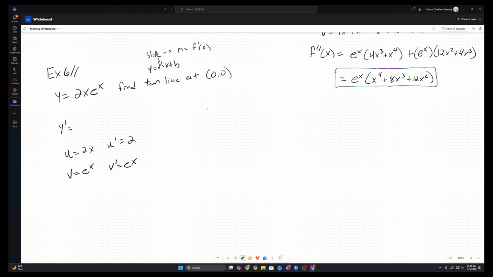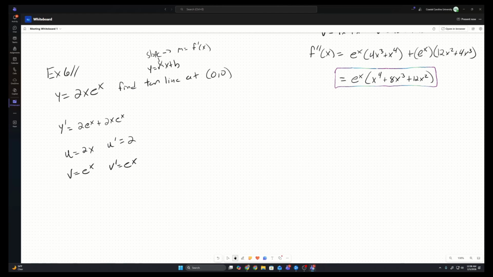Now if I set this up, we get 2e to the x plus 2x e to the x. So u prime times v plus u times v prime, we have it here.